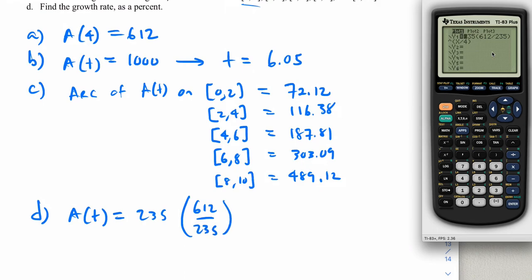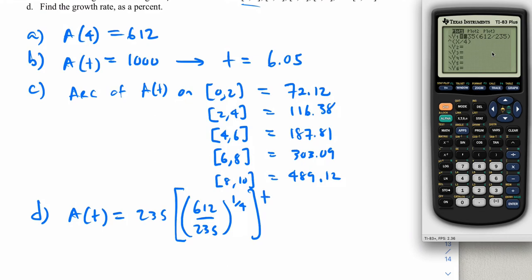That exponent is 1/4 times t. I can take the 1/4 power first and then take the t power. I'm writing A of t, so t on paper.